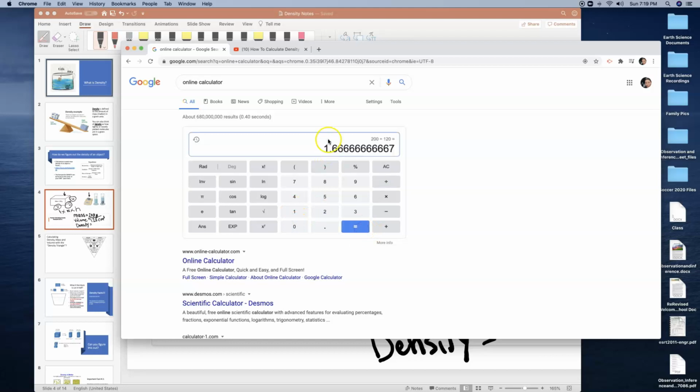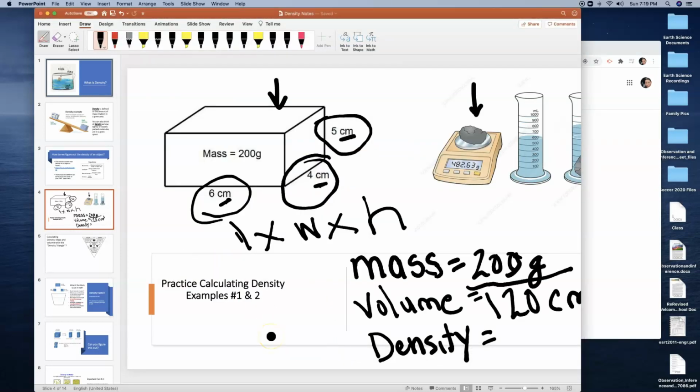Once you get your calculation in, you could always round to the nearest tenth, which is rounding to just one place value to the right of the decimal. So this 6 tells this 6 to become a 7. So in the end, your density of this first object is going to be 1.7 grams per cubic centimeter. Again, 1.7 grams per cubic centimeter. That is going to be your answer in the end.